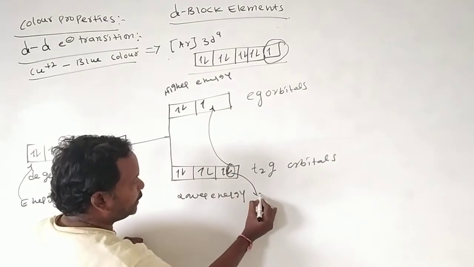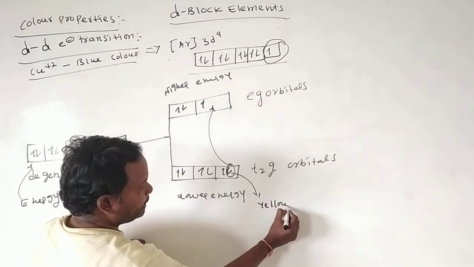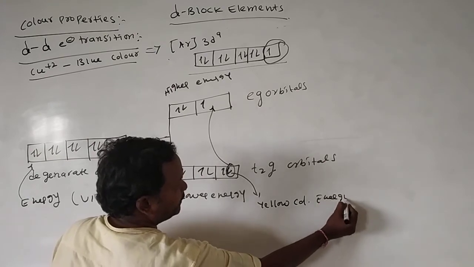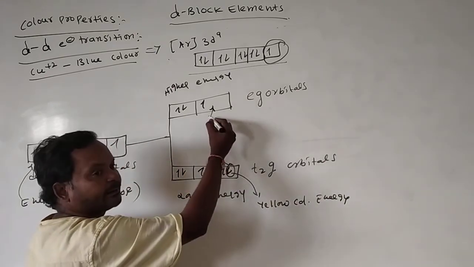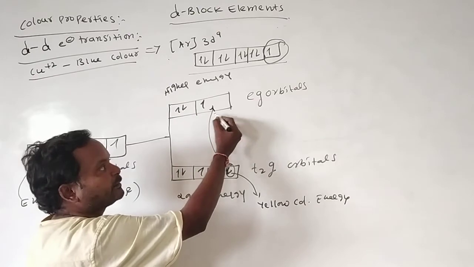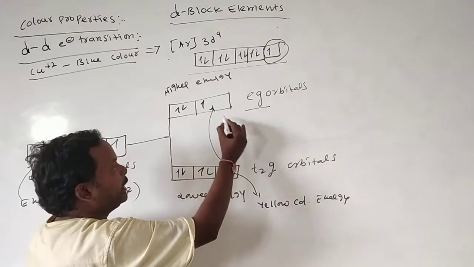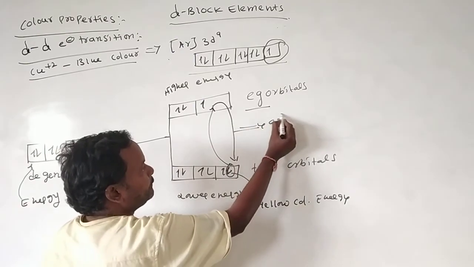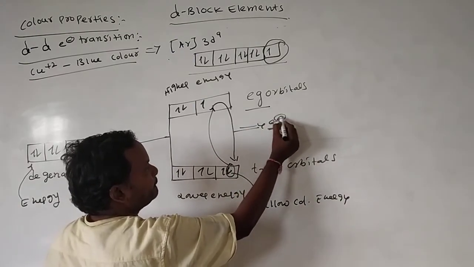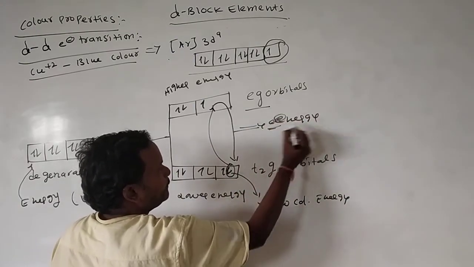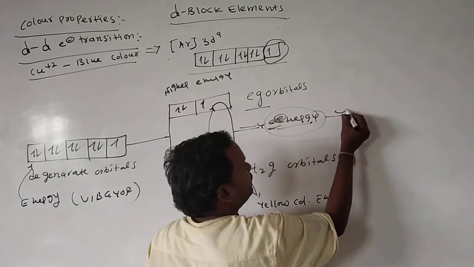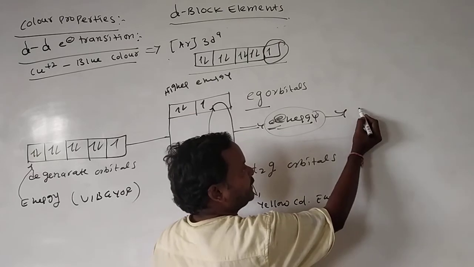For example, it absorbs yellow color energy and gets excited into the higher energy level, Eg. Again, this electron comes back by releasing energy. That energy we absorb by our eyes.